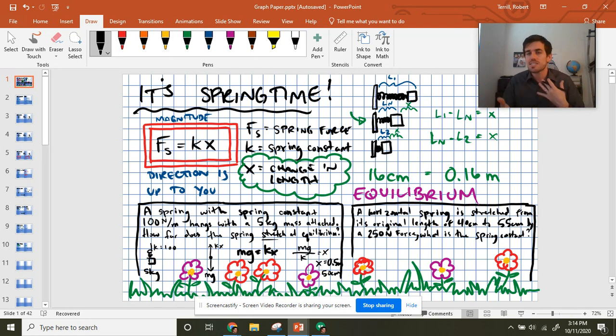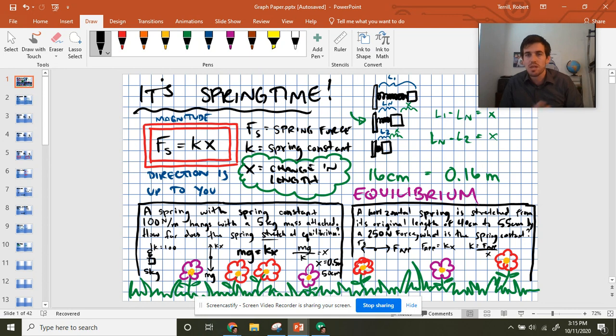The second one, this time we're solving for k, but it's the same general idea. This time it's being stretched horizontally. So we have some kind of force that's being applied to it, and then we're going to have the spring trying to pull itself back towards that equilibrium position. So once again, we are in equilibrium, so I can just say force applied equals kx, and then I can just solve for k because it would be equal to the force applied over x.